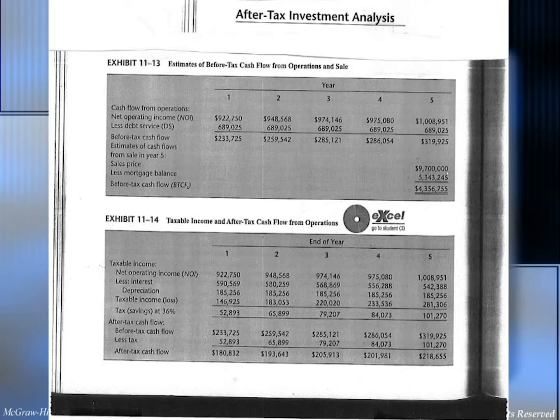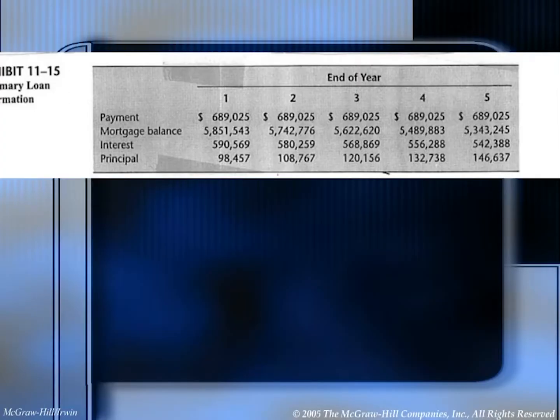Now to get the after-tax cash flow, we have the before-tax cash flow, which was calculated above in Exhibit 11.13, and we subtract off the taxes we just calculated to get the after-tax cash flow. The loan summary is repeated here. Again, just make sure that you can understand and come up with all of these numbers so that when you do it on your own, you're doing it in the right manner.